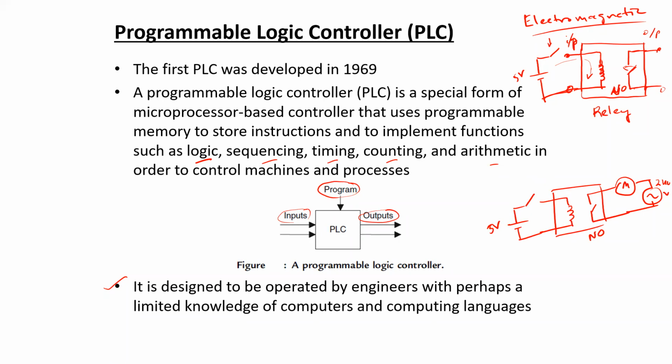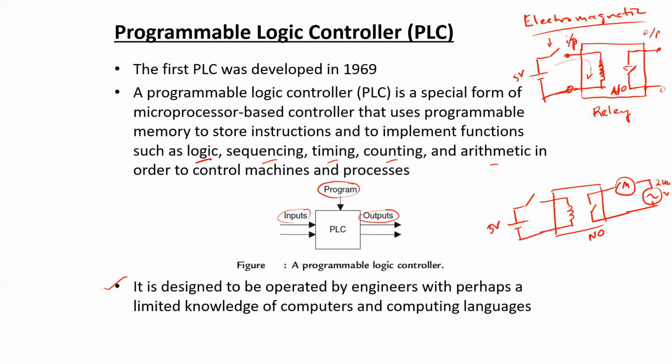So one of the purposes of using relays is to provide isolation between input and output. So if an operator was supposed to operate a switch directly, which is connected to the motor with a high voltage source, here I have shown a single phase connection. Maybe there could be 3-phase motors as well.